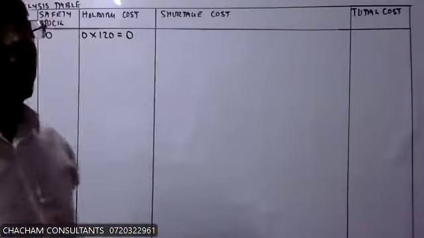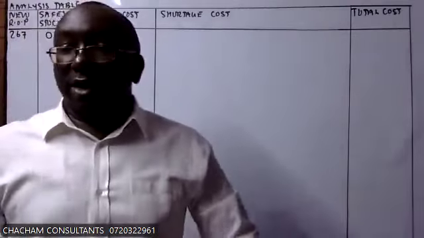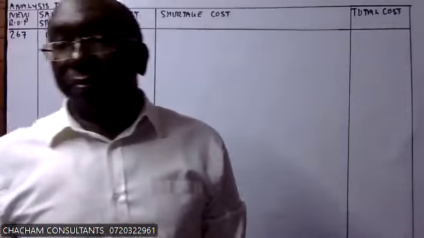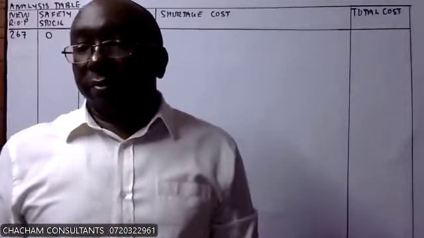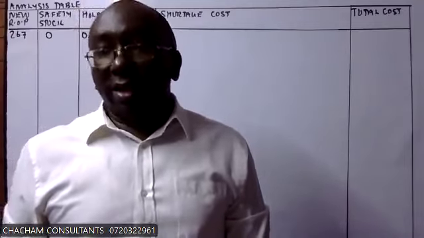Now, after 267, the next DDLT is what? 280.